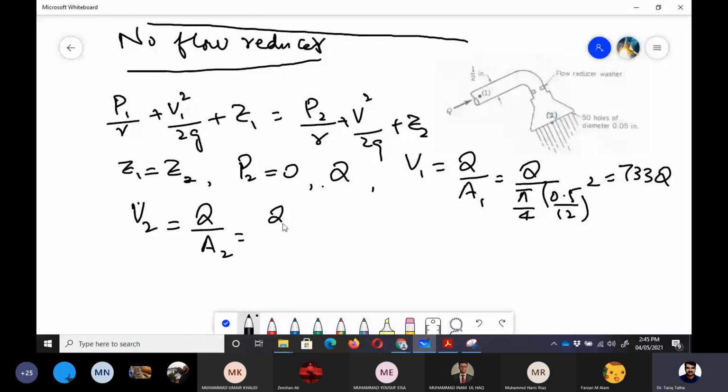So Q divided by pi by 4 into 50 into (0.05 divided by 12) squared, because there are 50 small holes in the shower. If we do the calculation, V2 comes out to be, I think, 14670 Q.